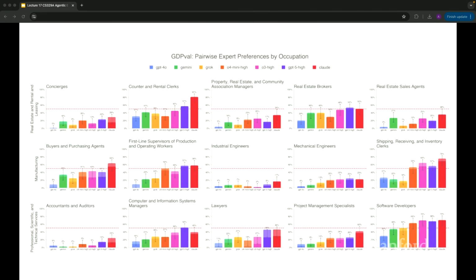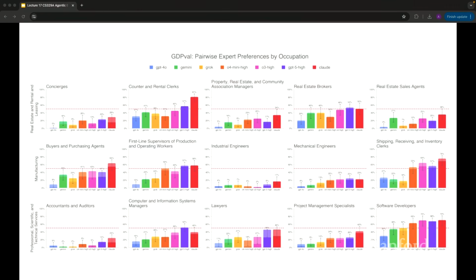Okay, this is going to be an extremely dense plot, but I think the thing to notice in all of these plots is that the red line is where the human experts are, and then all of these different colors correspond to different models. So if you look at places where the models are better, or at least almost at par with the human experts, you see that counter and rental clerks, some of those tasks have already started to hit that.